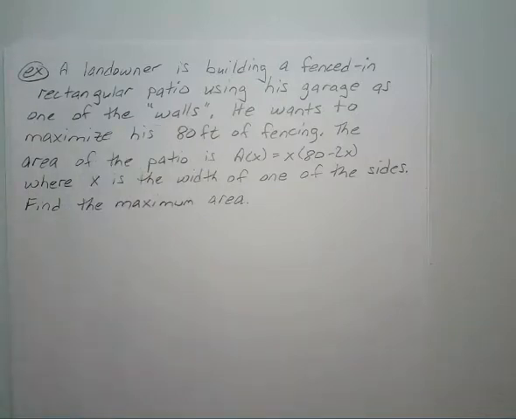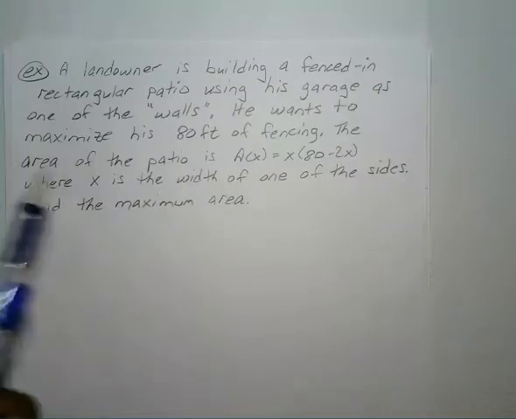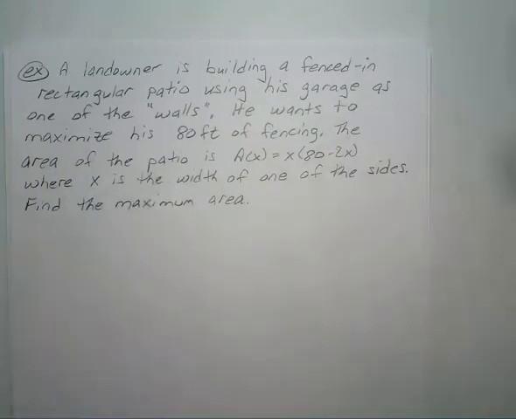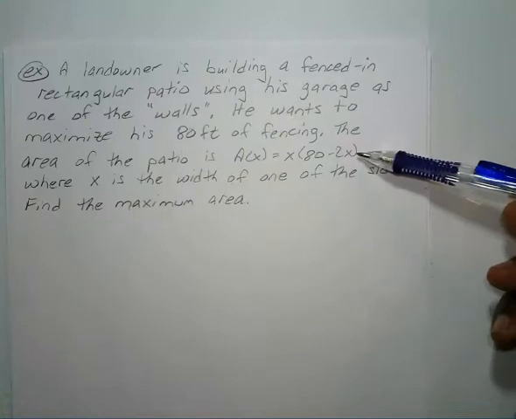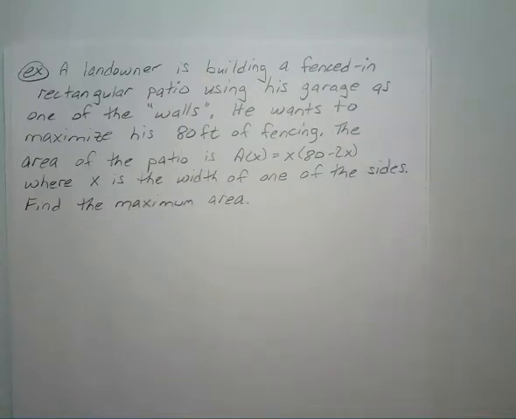He wants to maximize his 80 feet of fencing. The area of the patio is A of x equals x times 80 minus 2x, where x is the width of one of the sides. You want to find the maximum area.